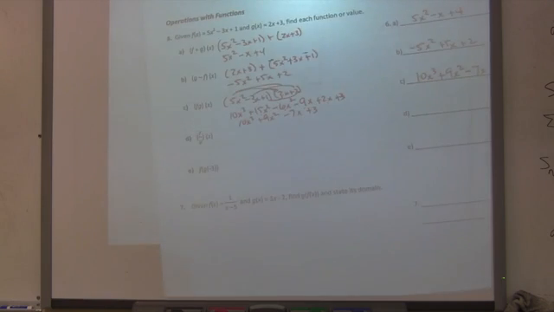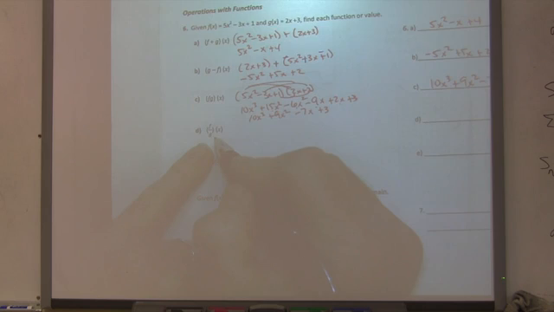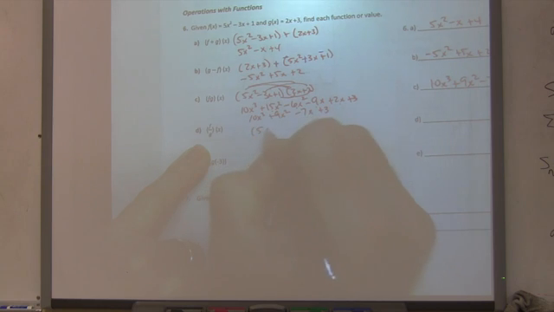All right. The next one is division. So with division, we want to take function f, 5x squared minus 3x plus 1, divided by 2x plus 3.